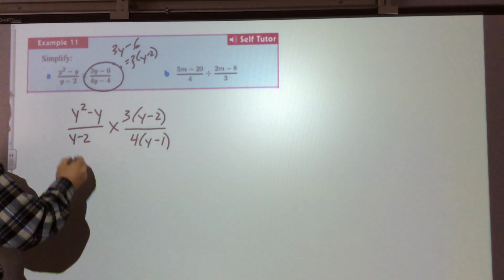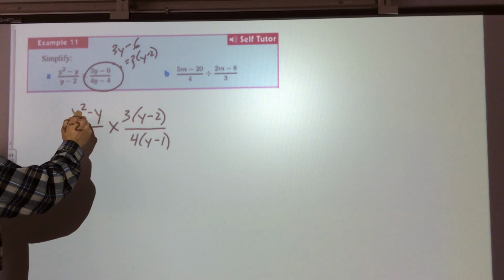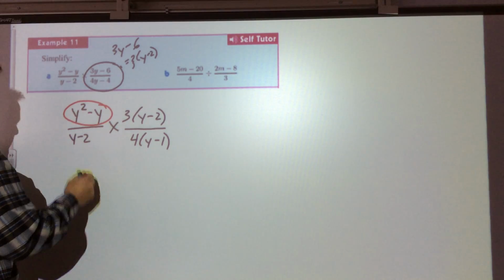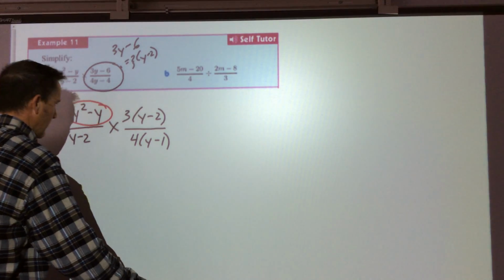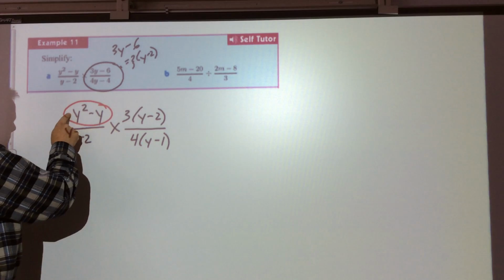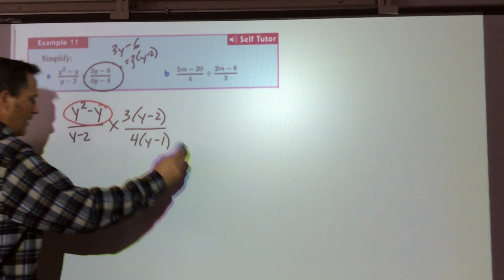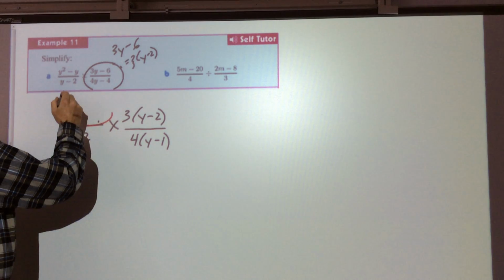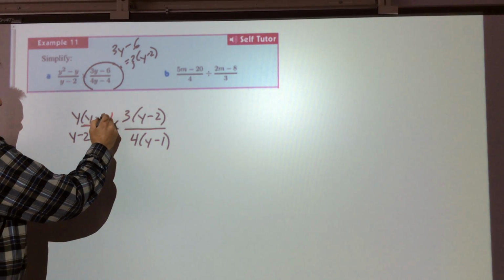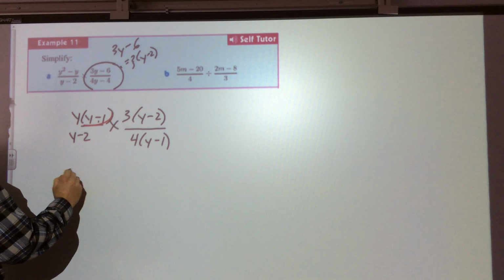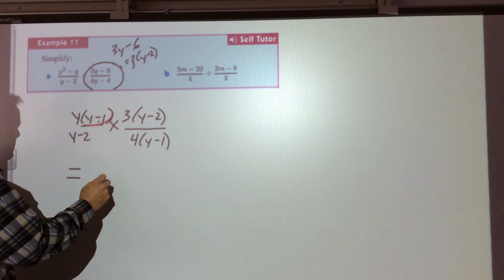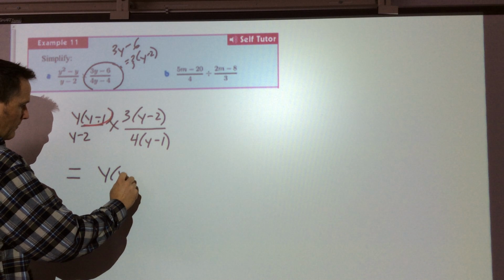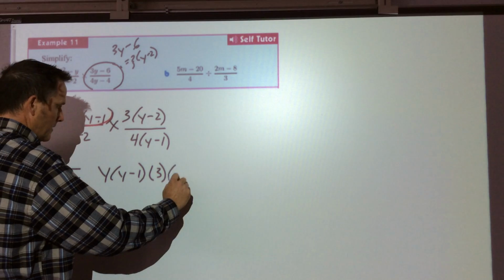Now that I've done that, I look back at this and go, oh, hey, I could have done some work up here. This could have been factored. So instead of writing it like that, can I move just that? No, the whole thing goes. So I'm going to erase that so that we have y minus 1. Why am I doing all that? That's kind of funny since we're using y. y minus 1 times 3 times y minus 2.